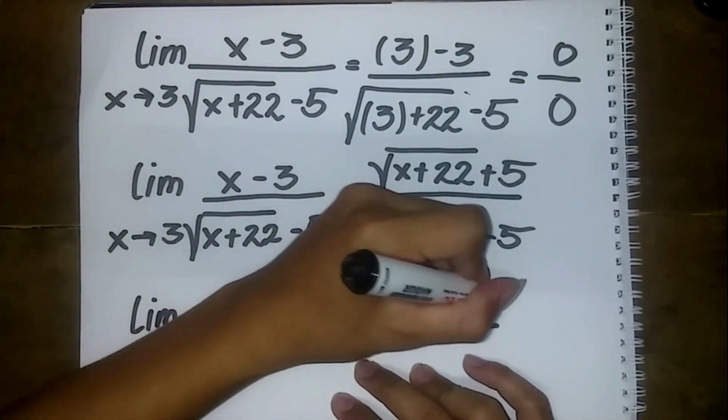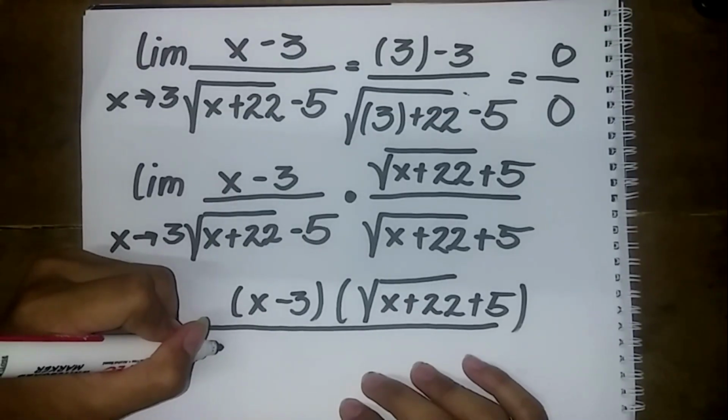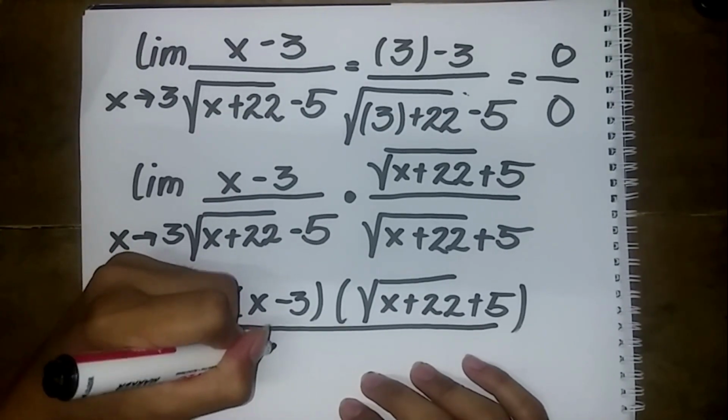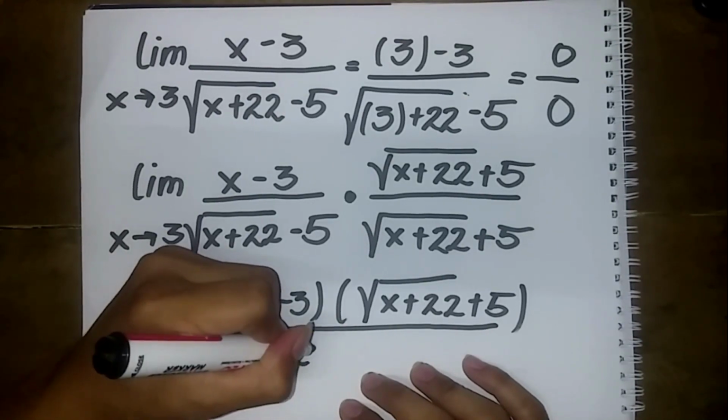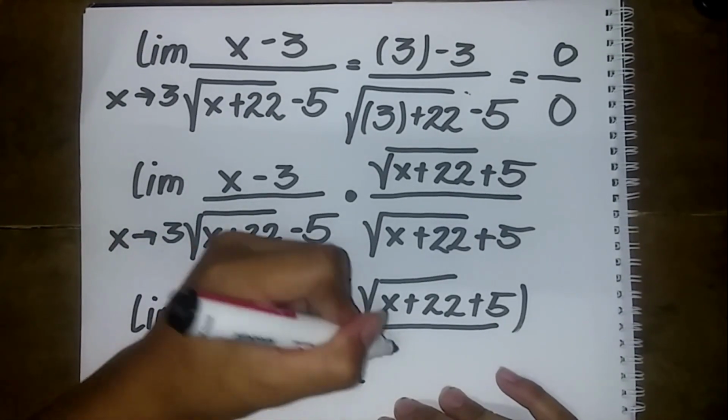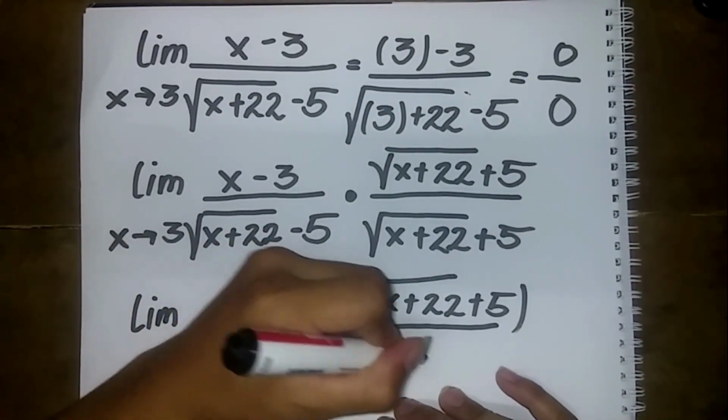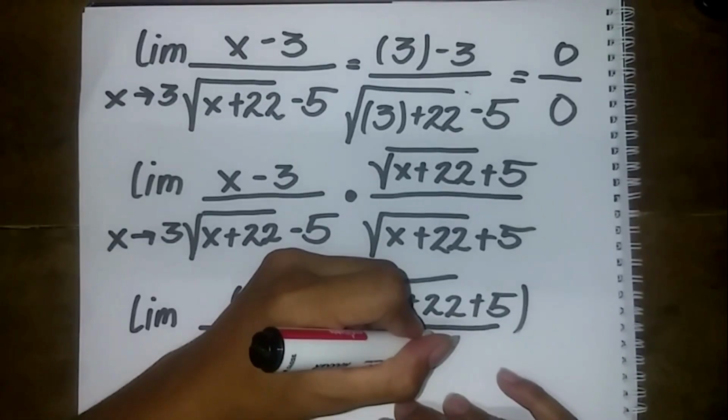If the square root of x plus 22 is multiplied by itself, we come up with the quantity x plus 22. Multiply the negative 5 to the positive 5, so we come up with negative 25.